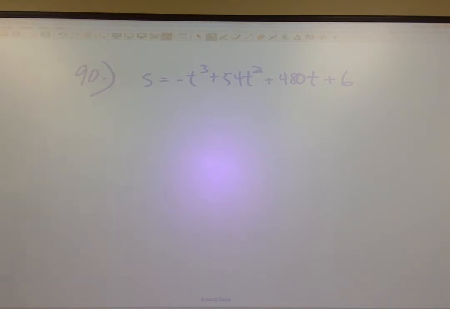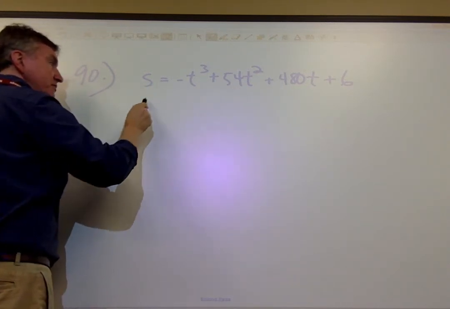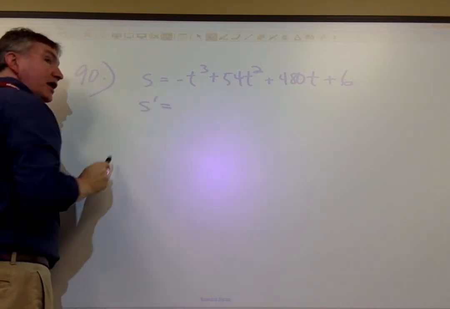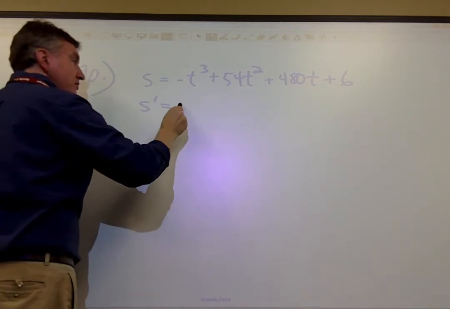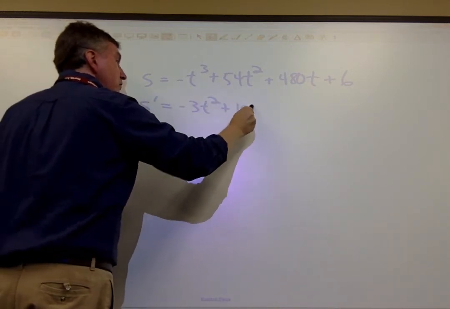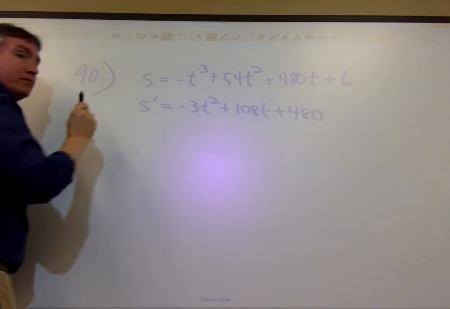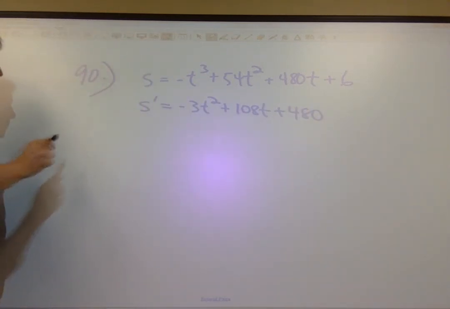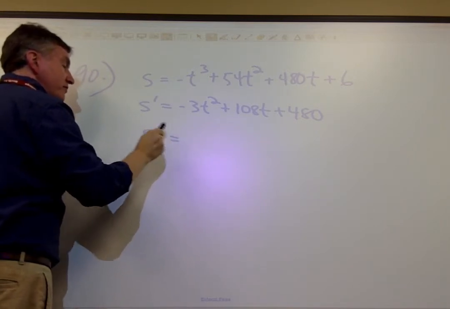Okay. Remember, if this is a distance function, the first derivative is the velocity function. Tell me what the first derivative is. Good. They say find the inflection point, so I'm going to find the second derivative.